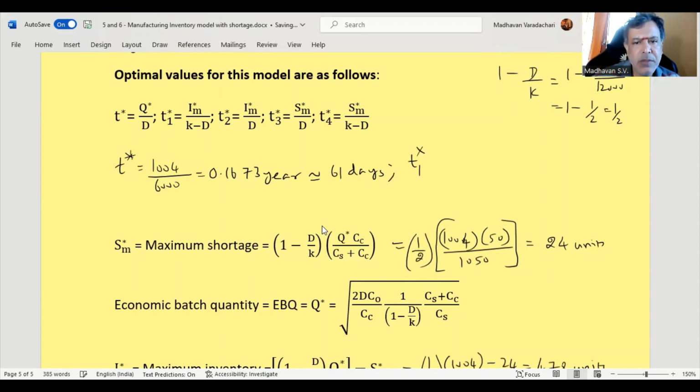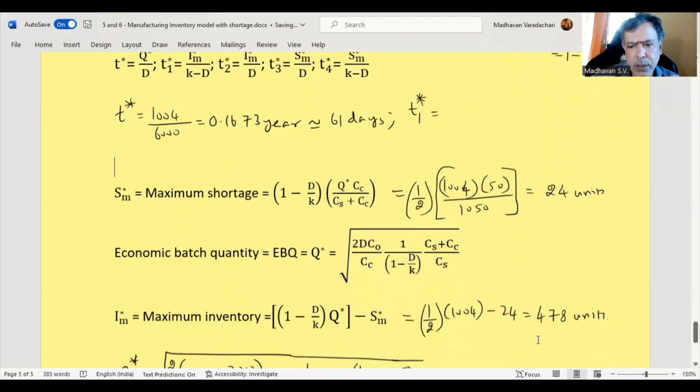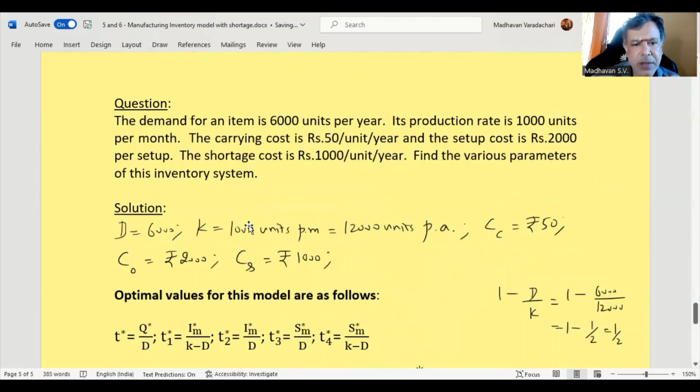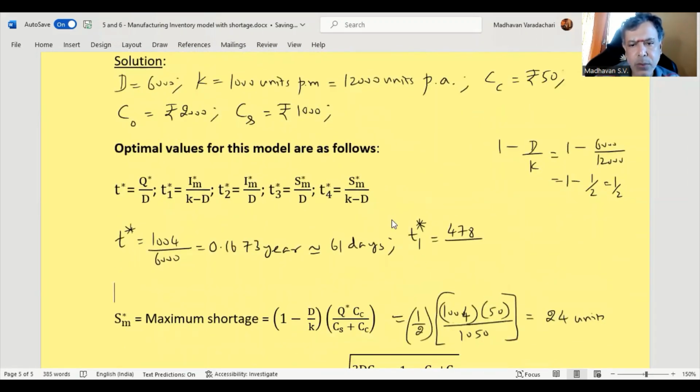Then our T1 star will be IM star. IM star, we already calculated it as 478, divided by K minus D. What is K minus D? K is 12,000 and this is 6,000. So that is also 6,000 only. This will give you in terms of year, 478 divided by 6,000. We get 0.08 year.